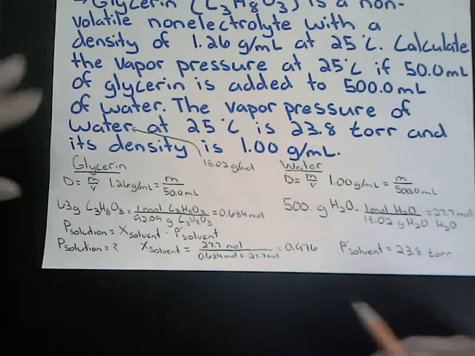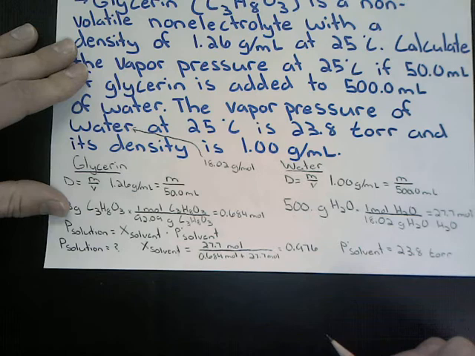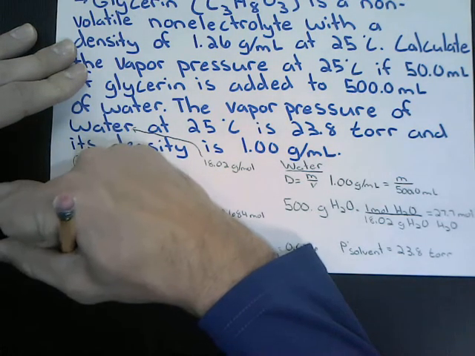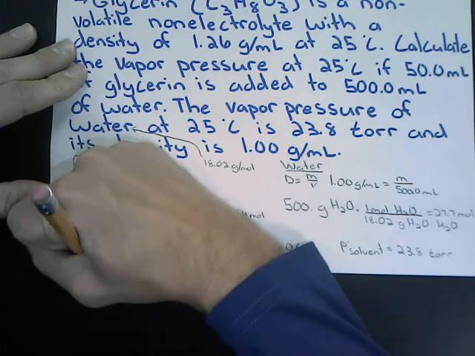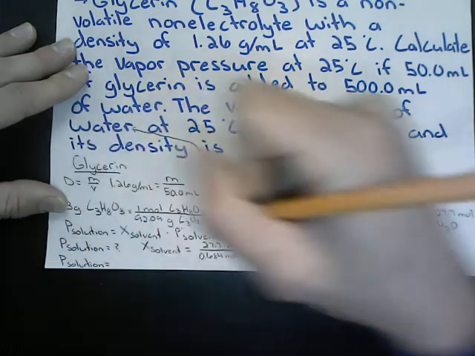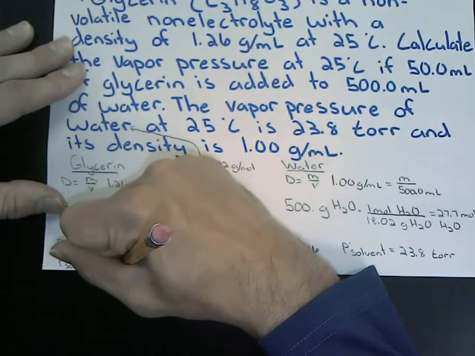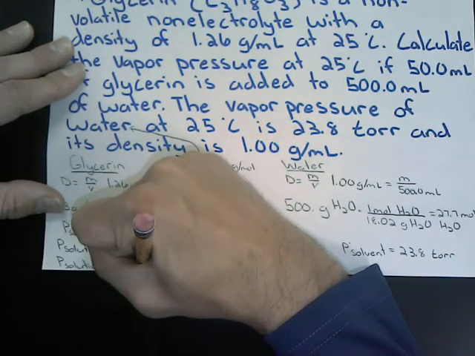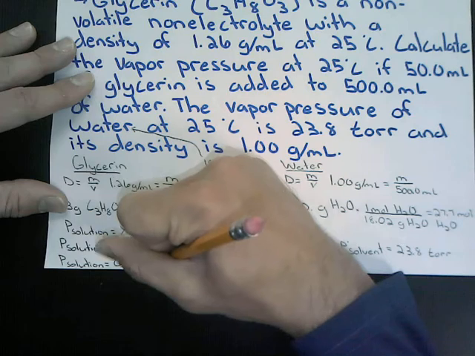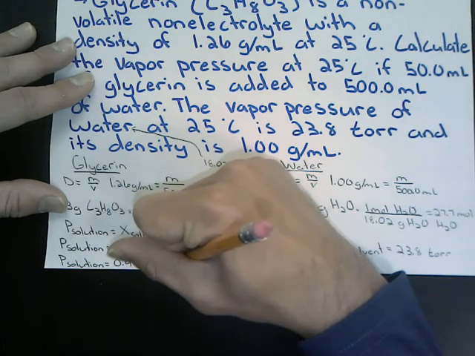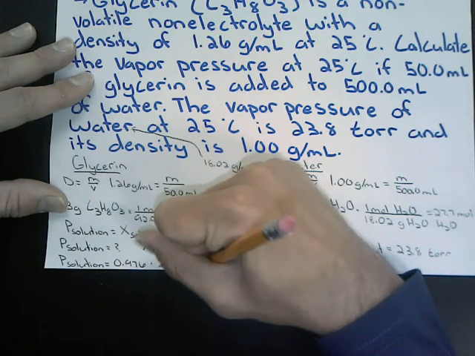So I know space is kind of limited here, but the vapor pressure of the entire solution is equal to 0.976 times the original vapor pressure of that pure solvent, which is 23.8 torr.